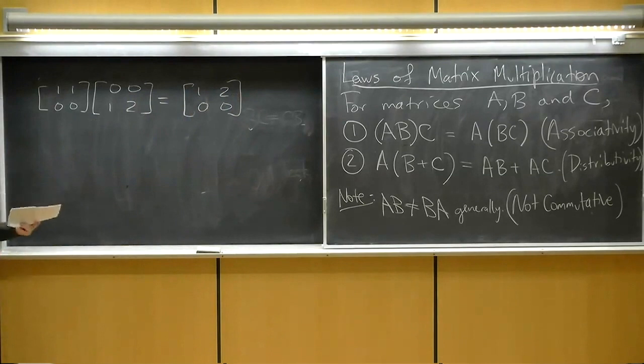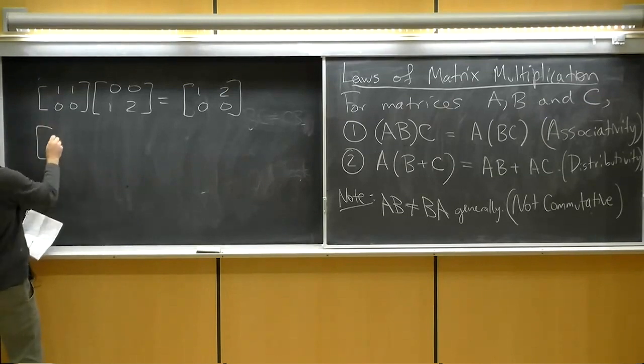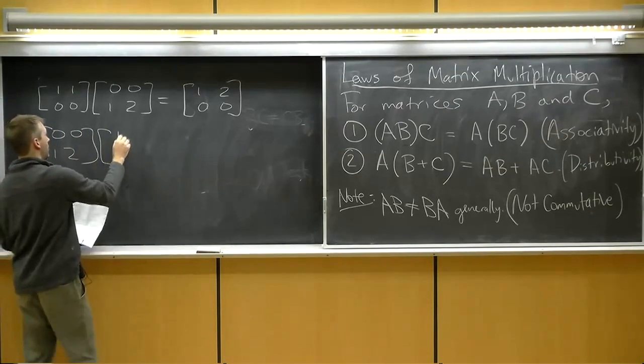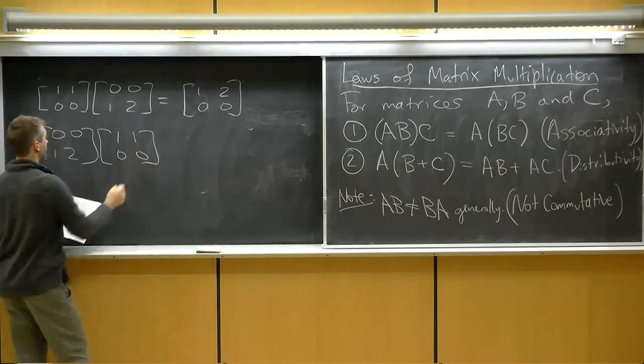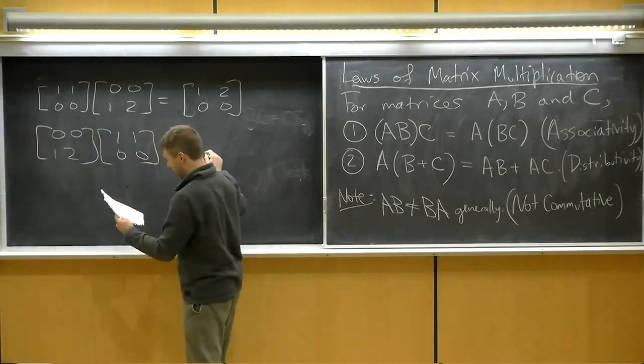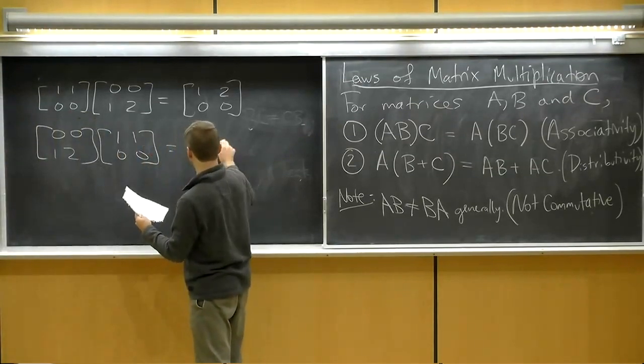It turns out if you do the multiplication, you'll see that. But if I do it the other way around, 0, 0, 1, 2 multiplied by 1, 1, 0, 0, so I've just switched the order, you end up with something totally different, which is 0, 0, 1, 1.